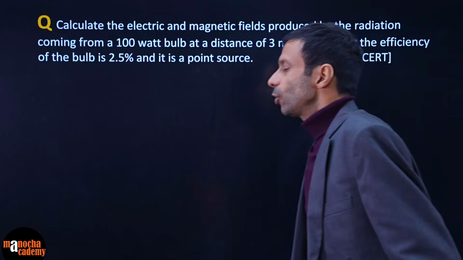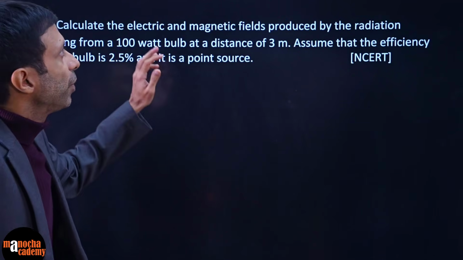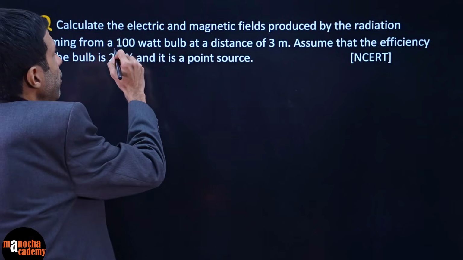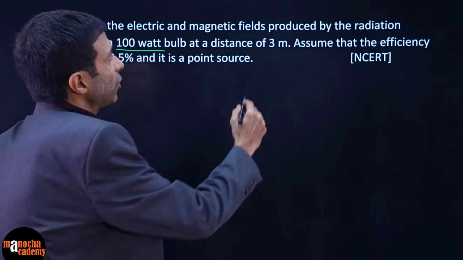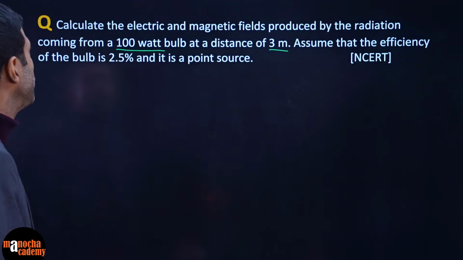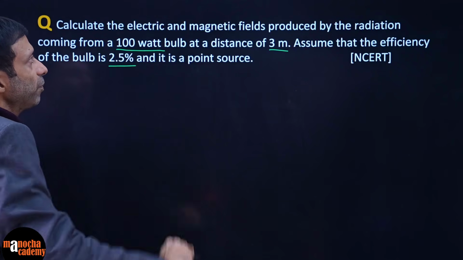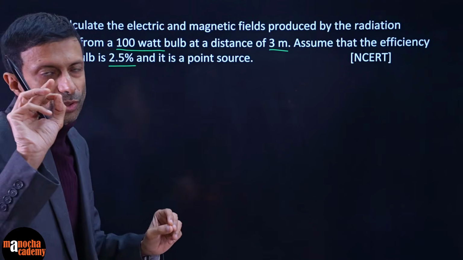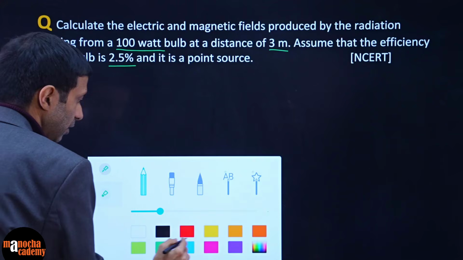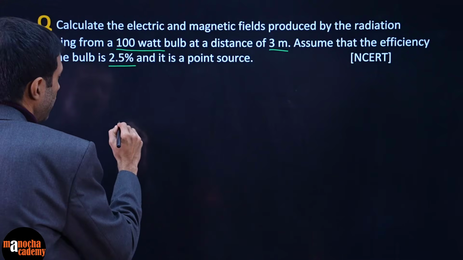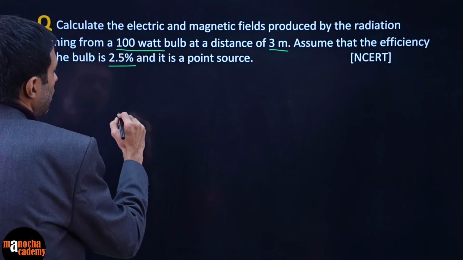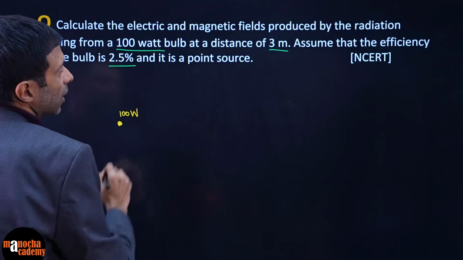Next question. Calculate the electric and magnetic fields produced by the radiation coming from a 100 watt bulb at a distance of 3 meters, and assume the efficiency of the bulb is 2.5% and it is a point source, right? So basically you have a tiny bulb, which you are considering as a point source. It is 100 watts, okay?